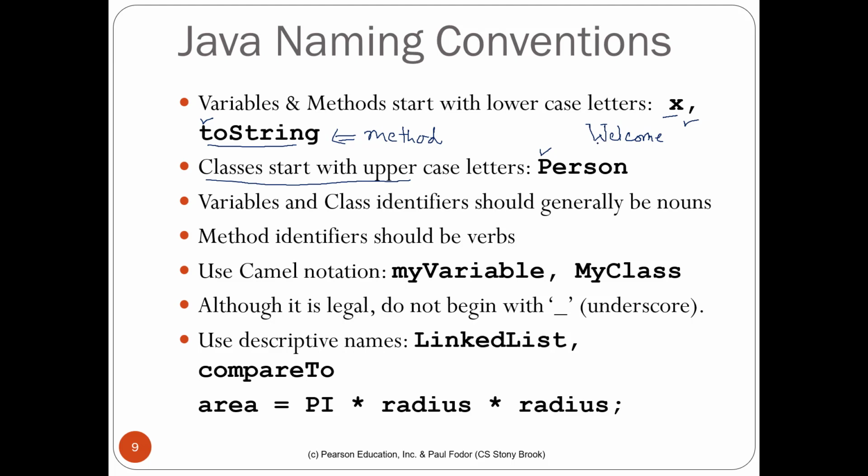When you are doing your exercises, your lab, and working on the homework, there also you should try to stick to these naming conventions. Whenever you are writing a class, make sure that the first letter of the name of your class starts with a capital letter. Okay, fine. So variables and class identifiers should generally be nouns.